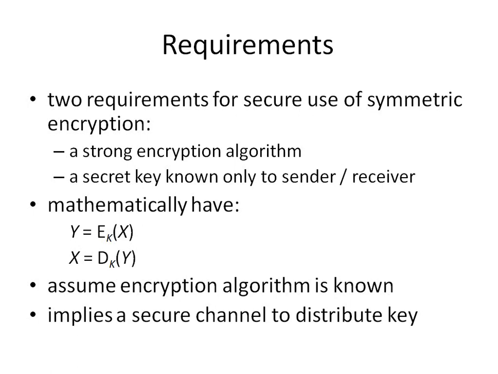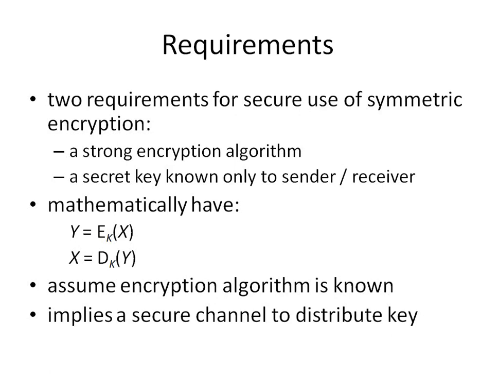Here also we have some requirements. In order to secure the symmetric key encryption algorithm, we need a strong encryption algorithm, so that whatever information we share between the sender and the receiver is confidential in nature, and we need a secret key known only to the sender and the corresponding receiver.